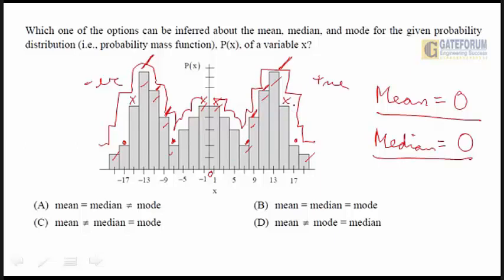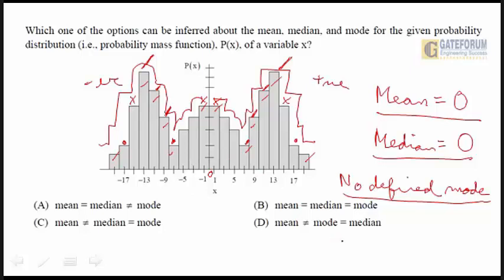So I can clearly find that there is no defined mode, because the property of a mode is that if more than one values appear the same number of times, then mode is undefined. So there is no defined mode. So let us look at which of the options correctly project this.